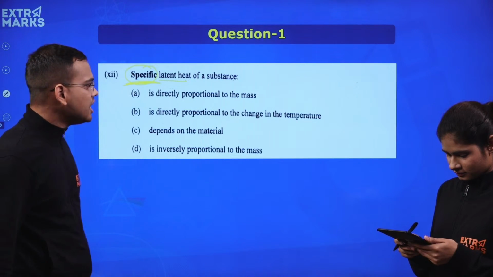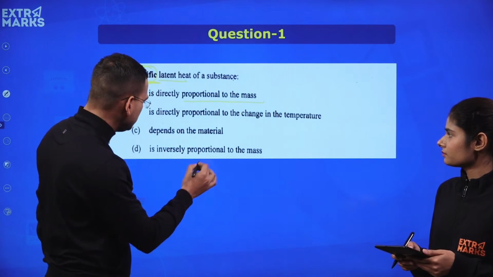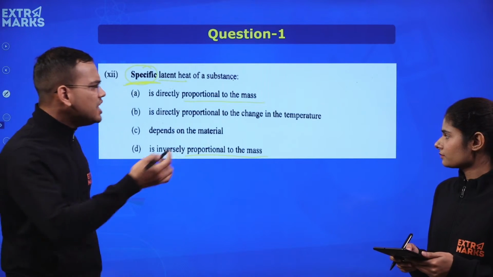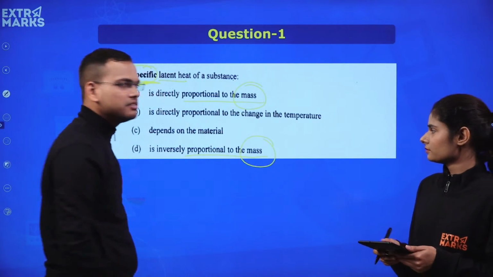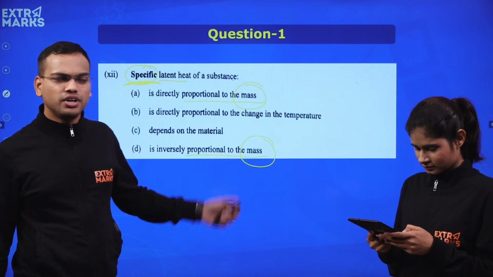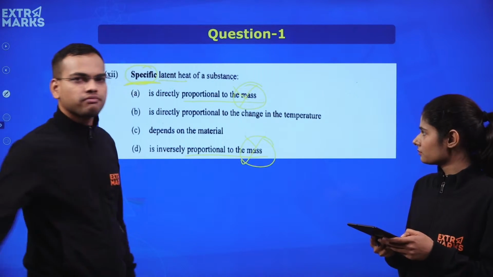Now, specific latent heat of a substance is directly proportional to mass, and one more mass option, inversely proportional. Leave it. Can mass be considered in the answer options? No. Specific has nothing to do with mass.